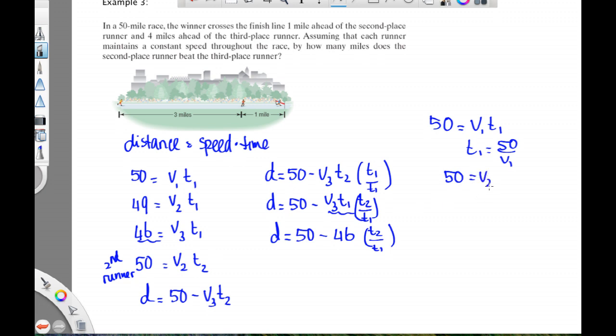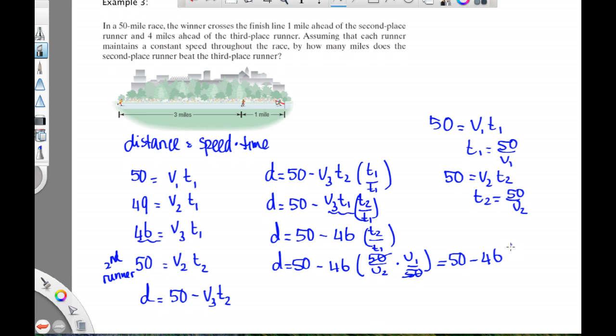So I get t2 is 50 divided by v2. So let's see where that brings me. That is 50 divided by v2, and then dividing by that is multiplying by the reciprocal. So that actually gives me 50 minus 46 times the velocity of the first divided by the velocity of the second.